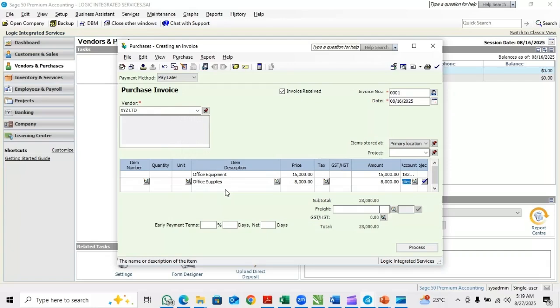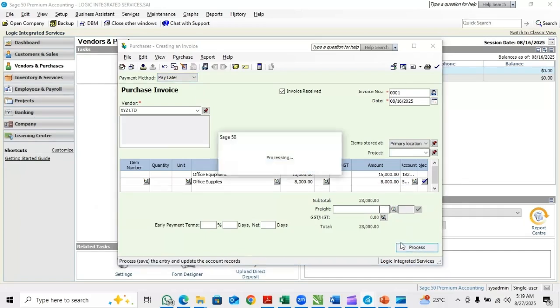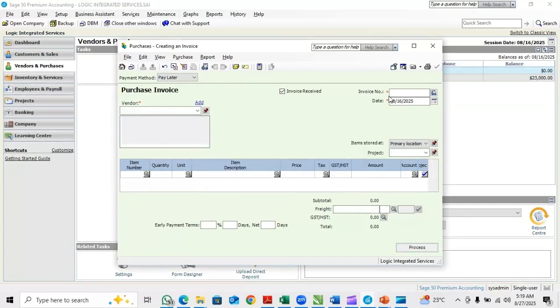So these two, office supply and office equipment, total 23,000, and we're going to pay later. This pay later is going to credit our accounts payable, while these two accounts will be affected here. So we process the transaction and close.